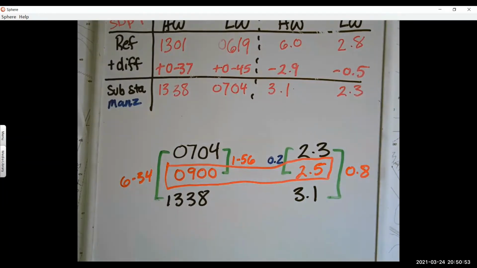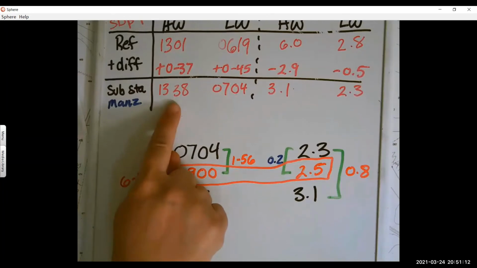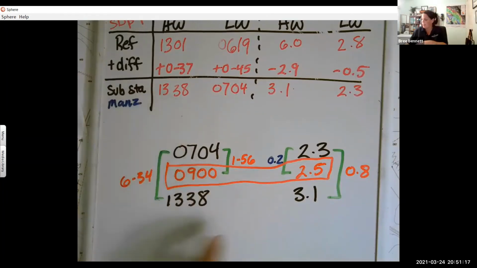Bree, isn't there a difference in time of the tides? Don't you have to factor that in too? Because according to the thing, it says Manzanillo, the high tide is 37 minutes later. So you would have to subtract that from 0900. You did, okay, sorry. We did that with this tide.